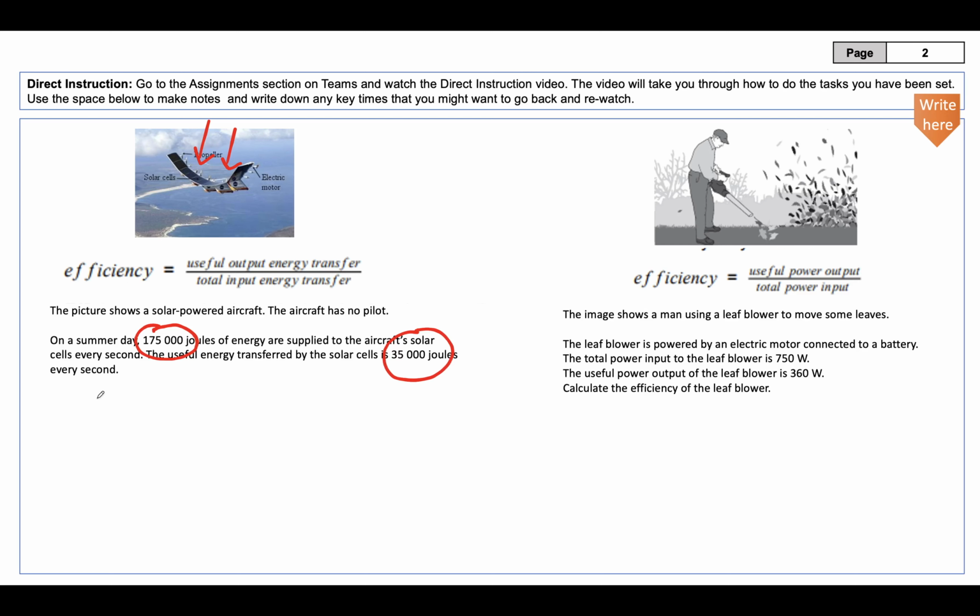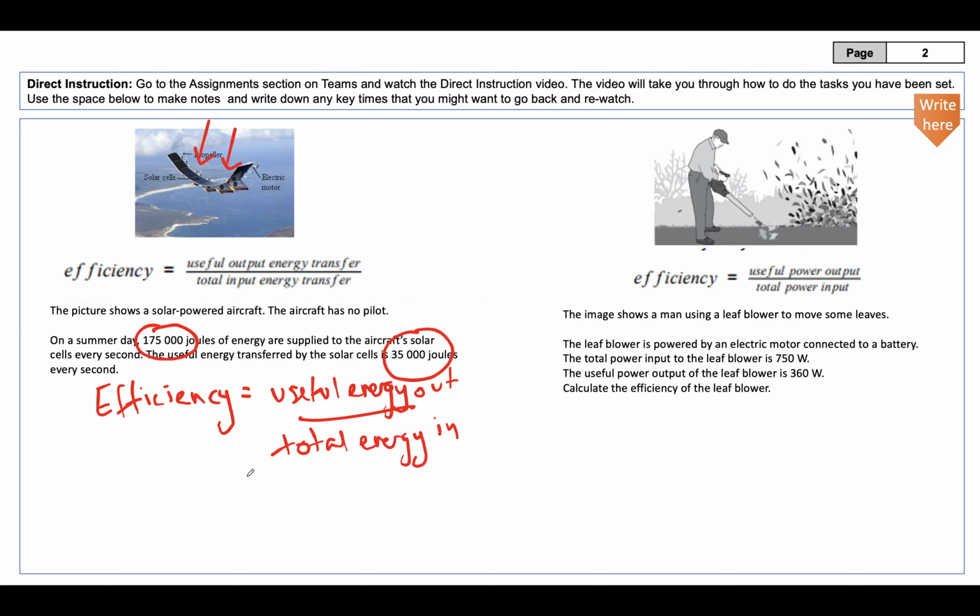So as always, we're going to write the equation first. So efficiency is useful energy out over total energy in. That is 35,000 over 175,000.